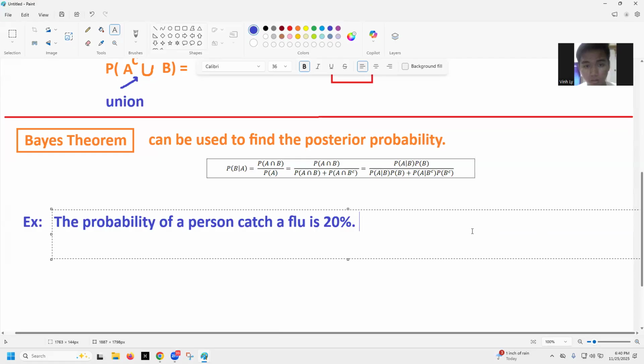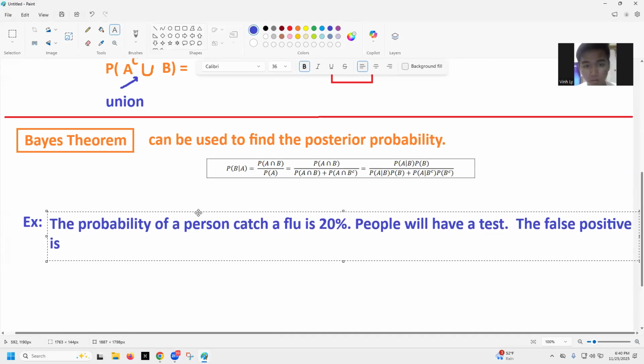And the people will have tests. And also we have the fact that the false positive is 30%, and the false negative is 25%. Okay.